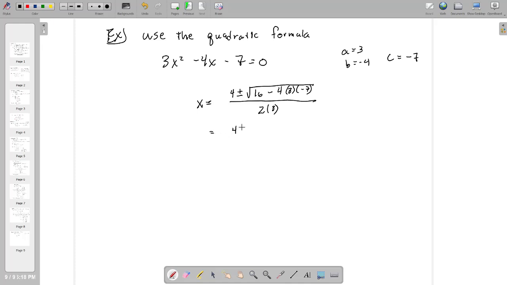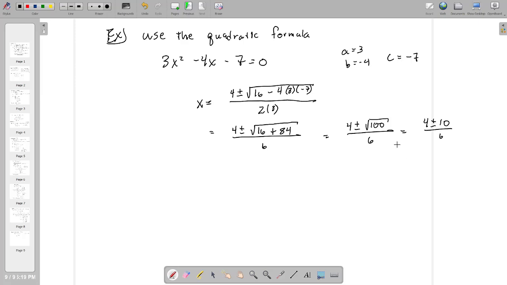So we get 4 plus or minus the square root of 16 plus 84 all over 6. Now 16 plus 84 is of course 100. The square root of 100 is 10. So this will then become 4 plus or minus the square root of 100 over 6, which is 4 plus or minus 10 over 6.